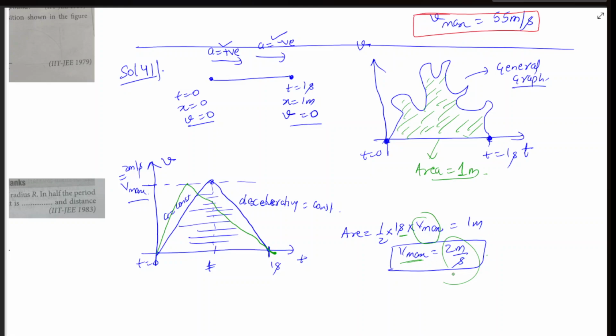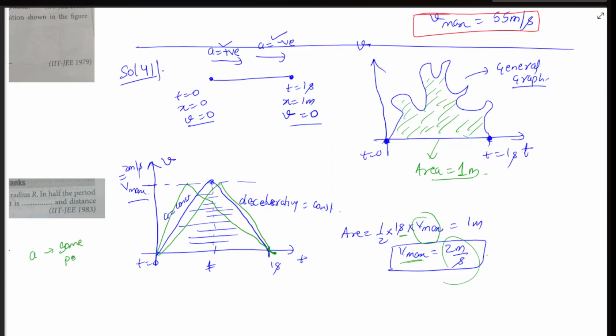So no matter which graph, which way it moves, the maximum velocity will turn out to be 2 meters per second.